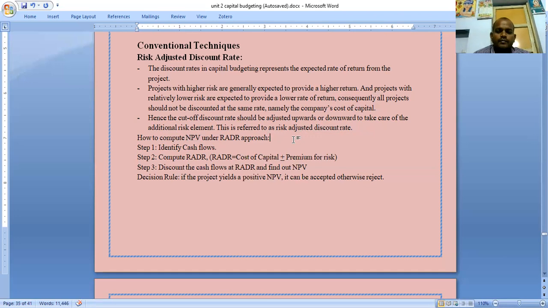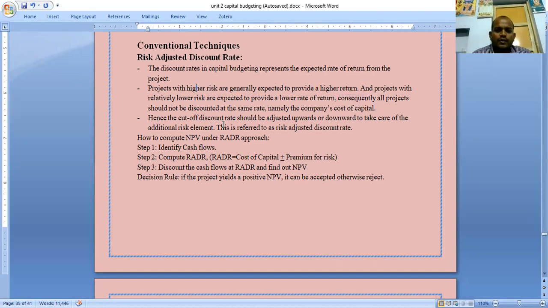And if we consider the risk element here, if we invest in post office bonds, those are risk free and generate a lower rate of return. If we invest in the share market, we'll get higher returns because the risk element is higher in those investment proposals.